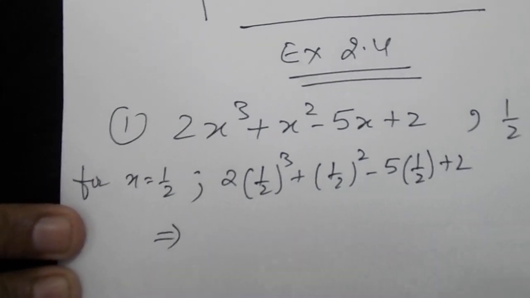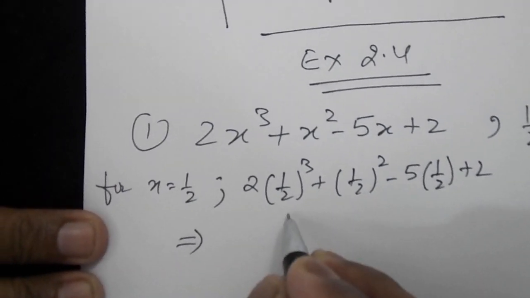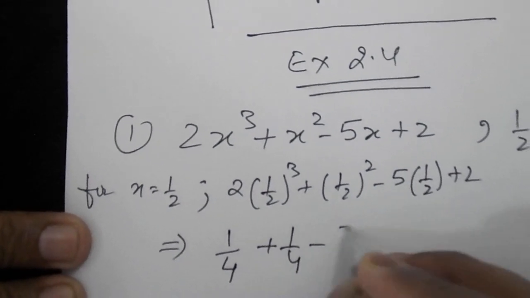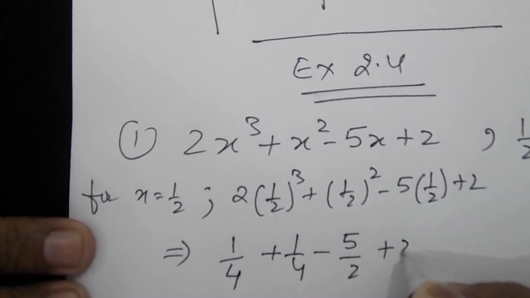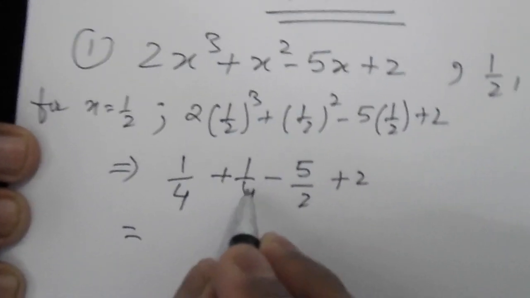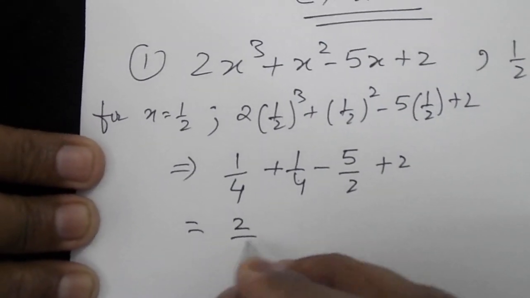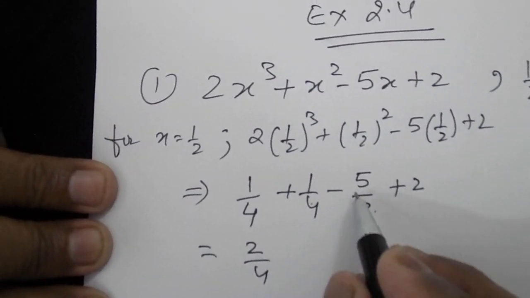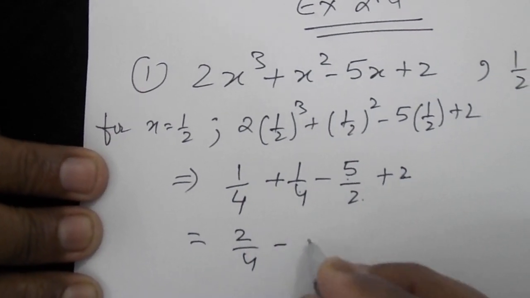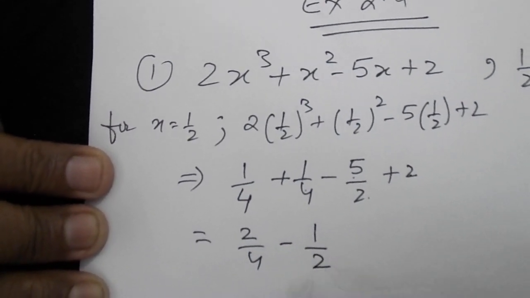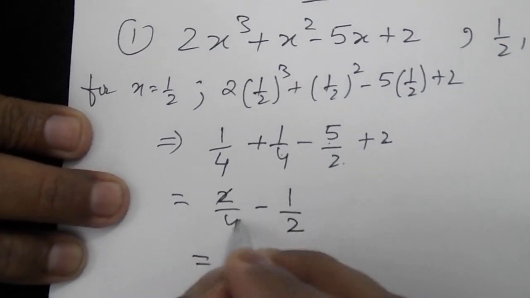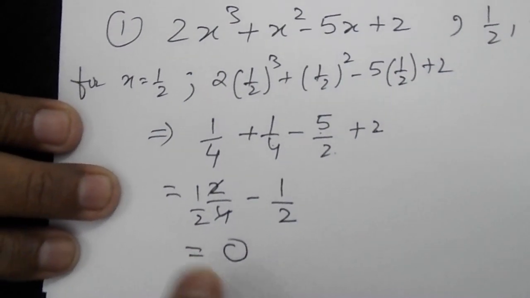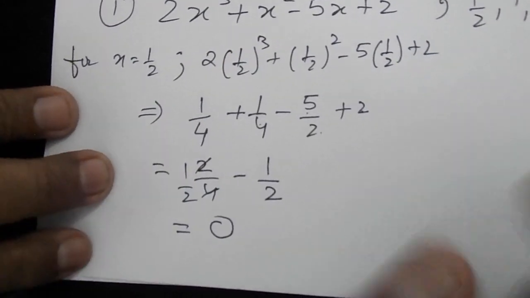Simplifying it further, we get 2 into 1 by 8, which will become 1 by 4, plus 1 by 4 minus 5 by 2 plus 2. 1 by 4 plus 1 by 4 is 2 by 4, and this is minus 5 plus 4 if I take the LCM. So minus 5 plus 4 is minus 1 by 2, and 2 by 4 is also 1 by 2, so this is equal to 0. This shows that 1 by 2 is a zero of this polynomial.